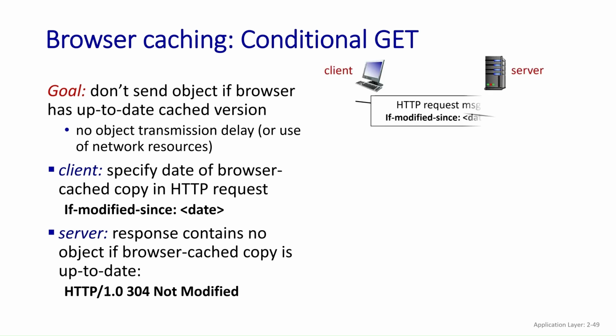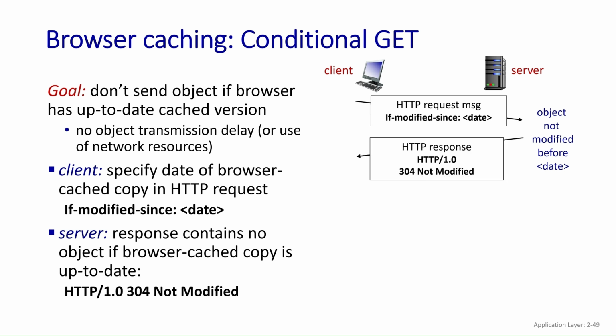Let me try to explain this with the help of this example. The client sends a request and adds this header field and the value, If-Modified-Since. The server, after looking at the value, if it finds that the object has not been modified, will send a response 304 Not Modified, and it will not send the requested object.